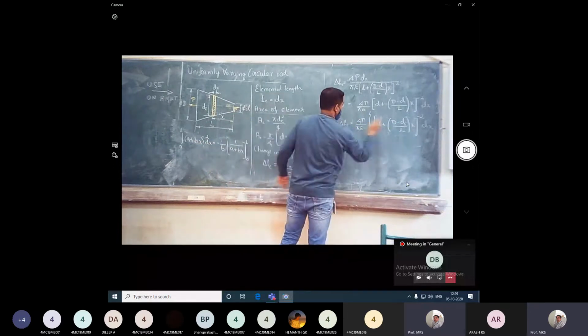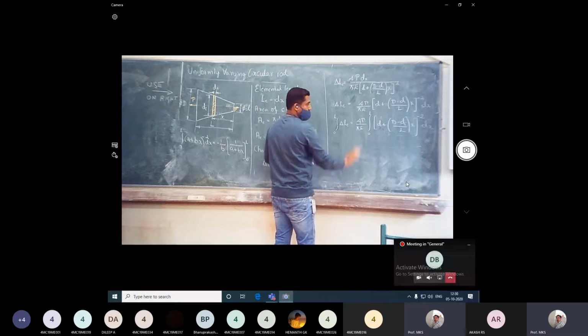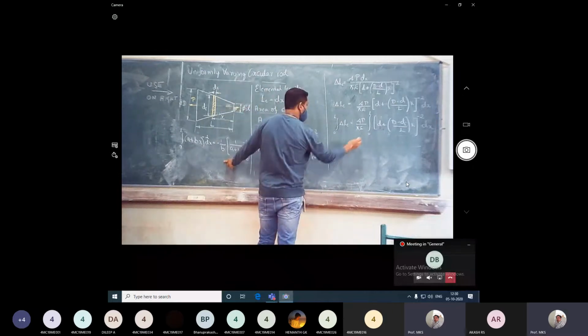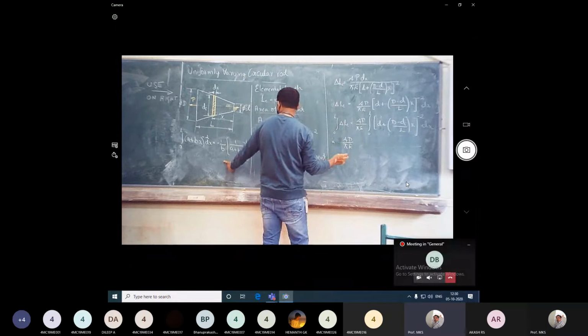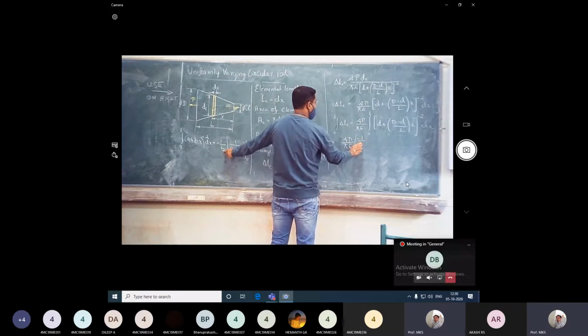These things are constant: 4P by pi E is constant. So applying that, this will be equal to 4P by pi E into minus 1 by, what is B?